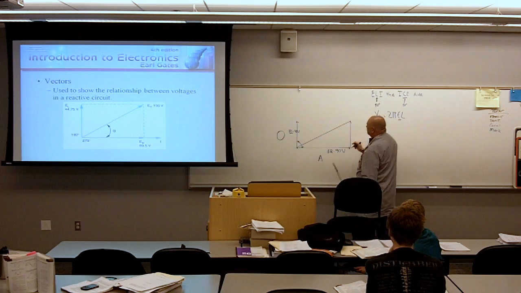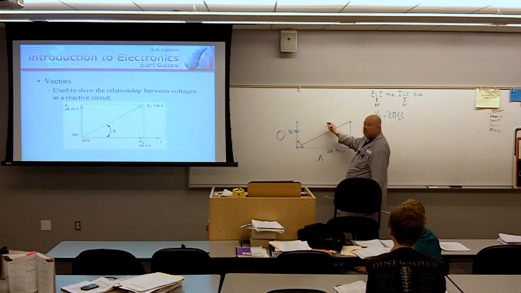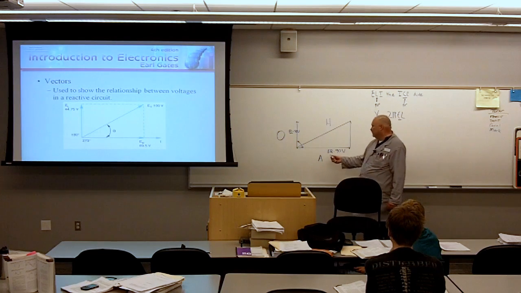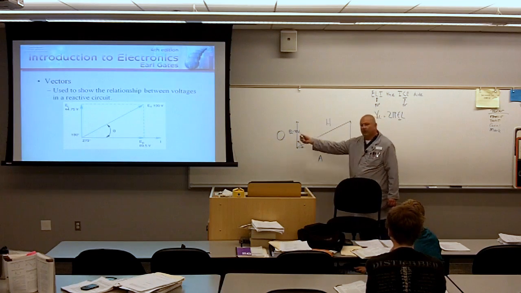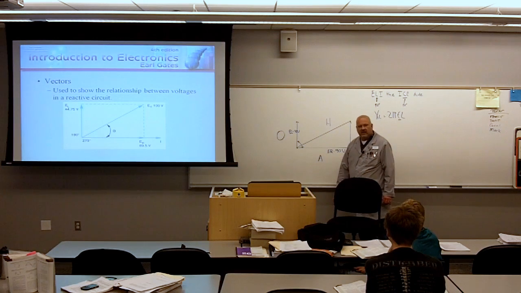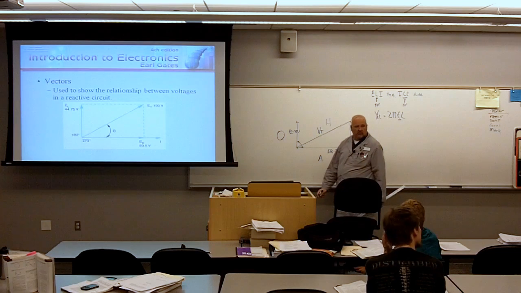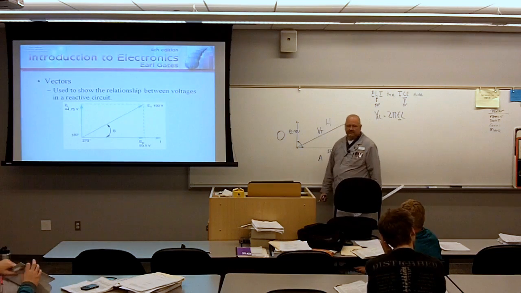This line that I'm drawing here is going to be my hypotenuse. And the combination of the voltage across my resistor and the voltage across my inductor is going to be my voltage total, or my hypotenuse.